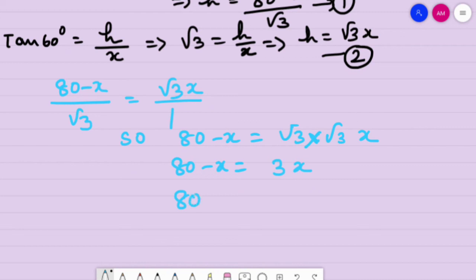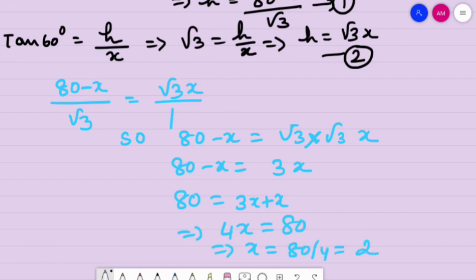So 80 will be equal to 3X plus X. This implies 4X is equal to 80, and this says that X is equal to 80 by 4, so X will be equal to 20. Of course, it will come in meters. Now see, your X is 20 meters.